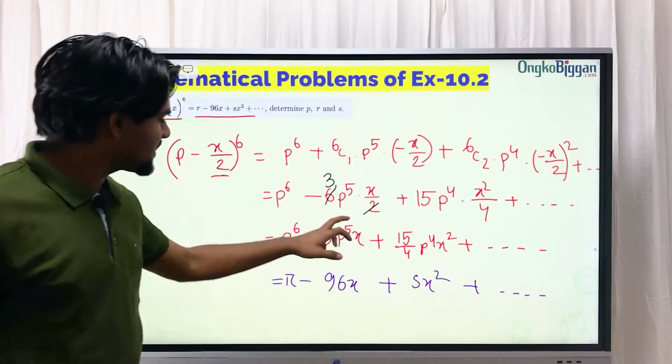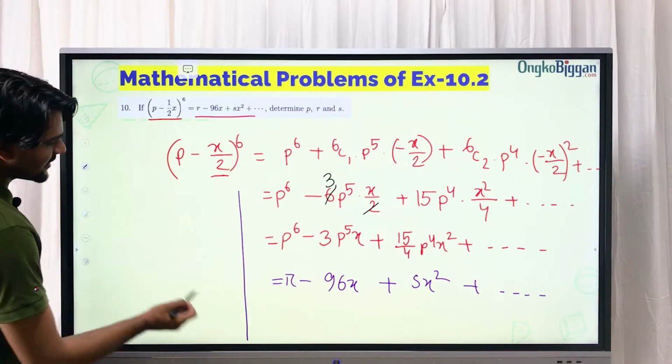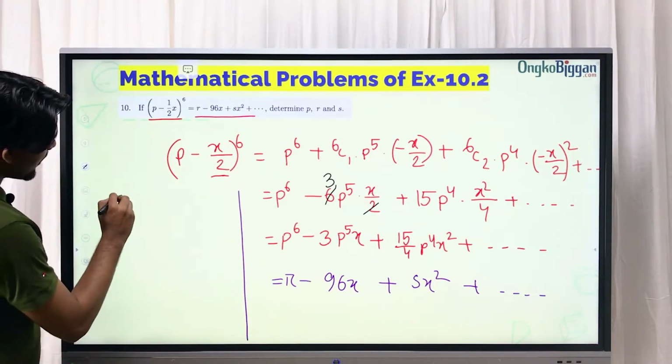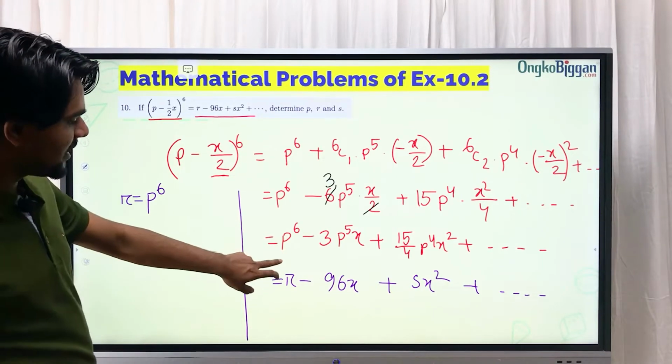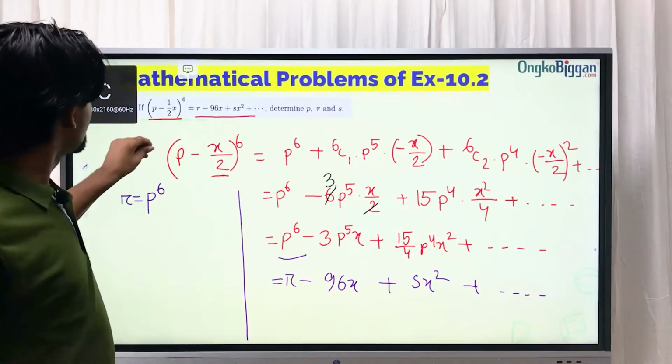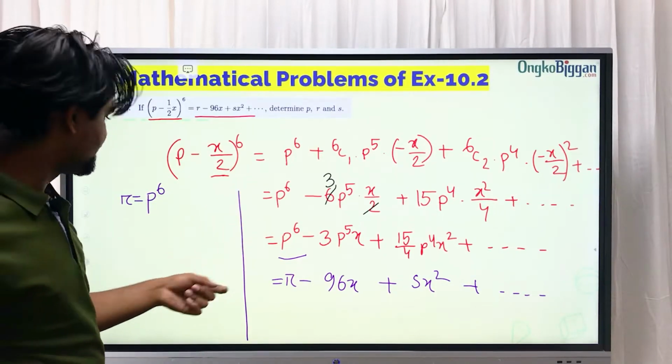So now if you compare this one with this one, we can get some of the values quite easily. That is, the values we get are r equals p to the power of 6, because here we have p^6 and here we have r, so p^6 will be equal to r.